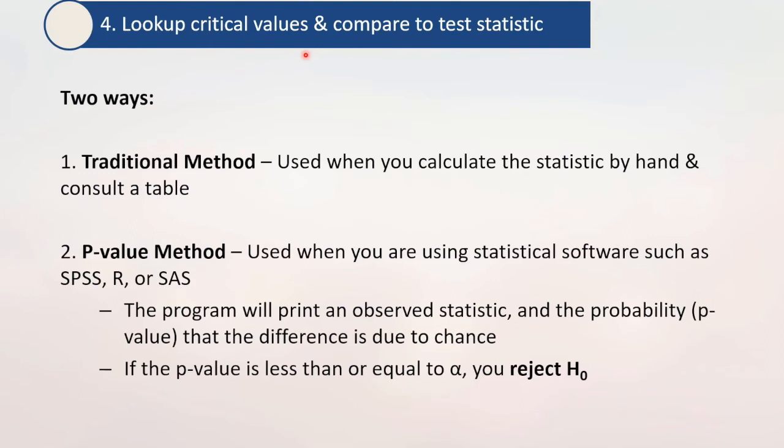With software such as R or SPSS, we can use the program to print an observed statistic and the probability, and then use that p-value to compare with alpha. If it is less than or equal to alpha, then we can reject the null hypothesis. But in this lecture, we are going to use the traditional method, which is to consult a table.